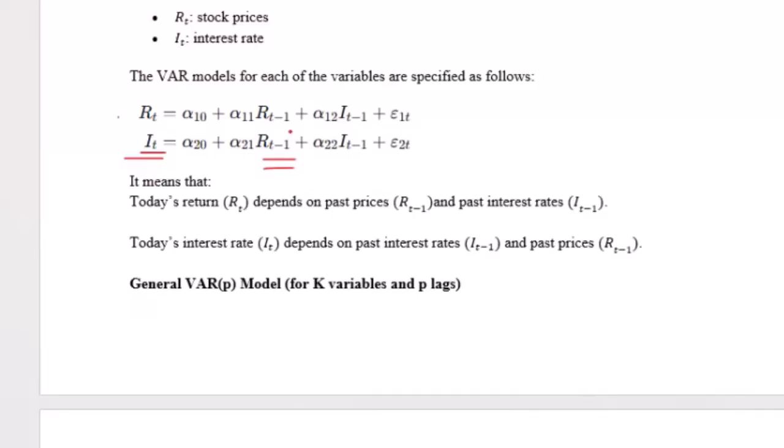Maybe you can also add the stock prices of 2024, 2023, and its own interest rate of 2025, 2024, 2023, etc. So that is simply the concept of the vector autoregressive model.